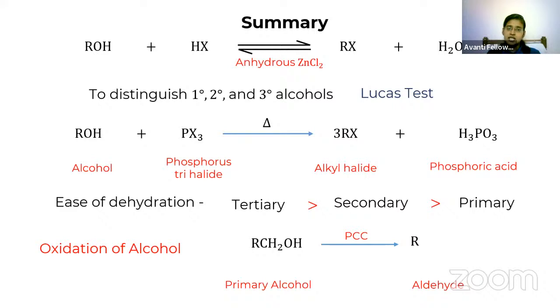K2Cr2O7 and KMnO4, all these are strong oxidizing agents. All right, so this is all about the chemical reactions of alcohols.